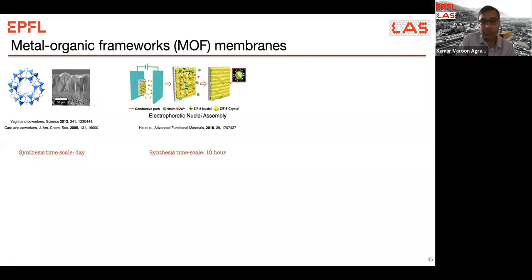Our contribution to this field is essentially trying to crystallize these films in a much more robust way by cutting down the synthesis time. So we reported this electrophoretic nuclei assembly, forming very thin nuclei onto a porous support so that we can quickly grow these nuclei films, not forming too thick films.